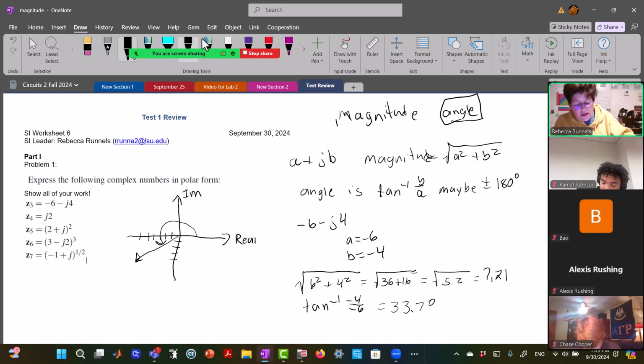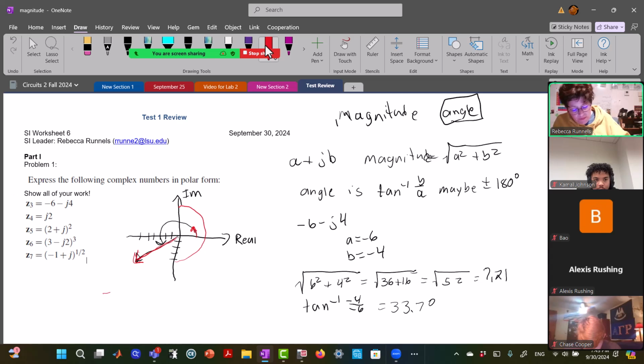But you can see that this complex number is not 33.7 degrees from the positive x-axis. The reason why is the calculator is only going to give you values in the first and second quadrant. And so you have to know where your complex number is.